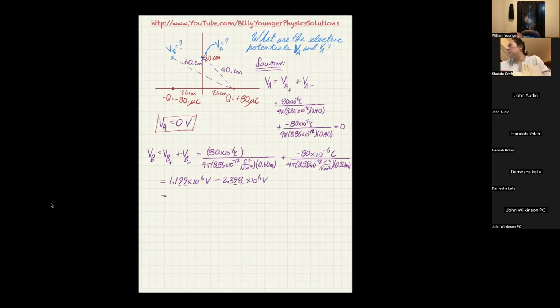So I can do this, and it should give me, in fact, a negative quantity, negative 1.2 times 10 to the 6 volts. Any questions on that?